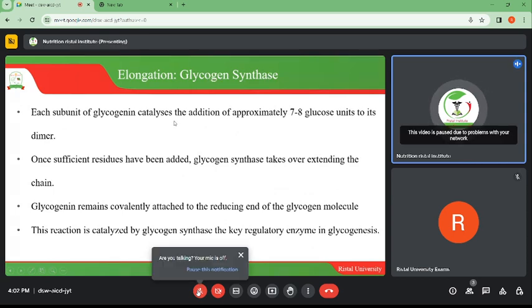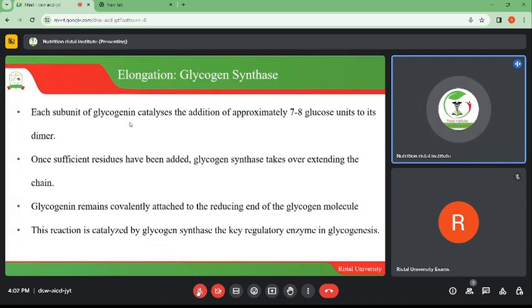This synthase continues adding on more of these glucose molecules with the same 1,4 glycosidic bonds, and this is covalently bonded together.